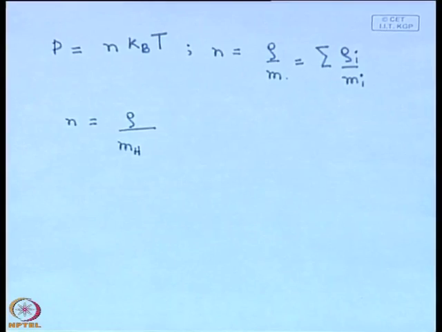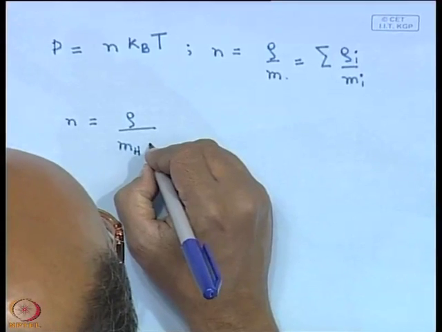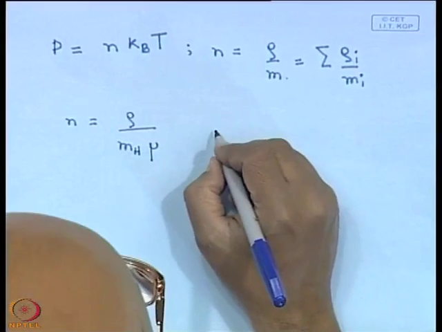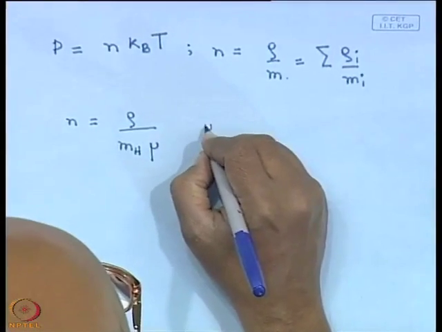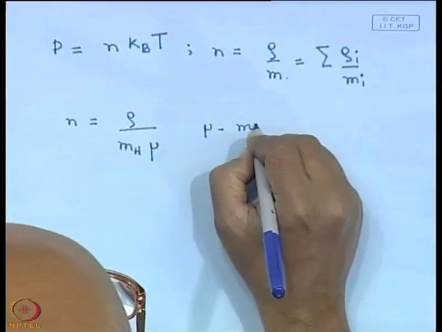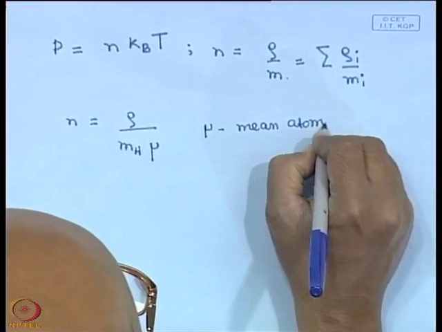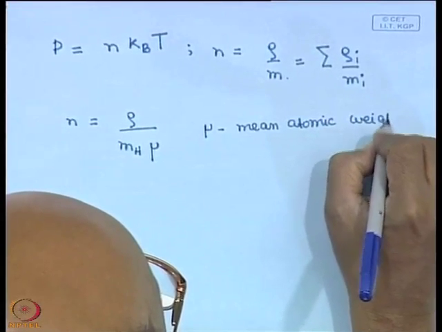So, if it were purely hydrogen atoms, this is the number density that you would have, times this factor mu, which is the mean atomic weight of the constituents. Okay. So, mu is the mean atomic weight, right.